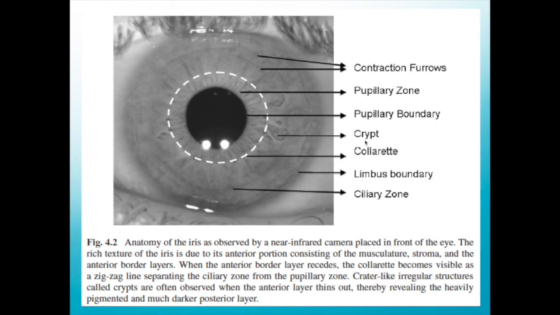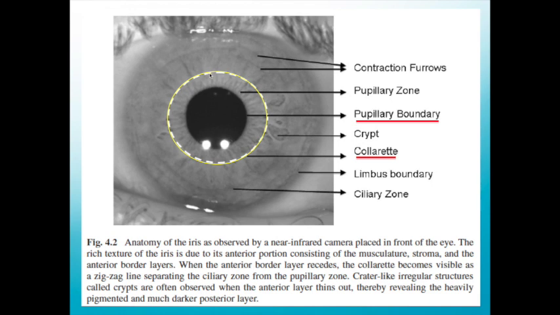Looking at the anatomy of the actual iris itself, there are several areas we want to look at. One area here is the pupillary boundary, just around the pupil zone itself. You can see there's a zigzag-like pattern right there, just beside the pupil. The collarette is this area here. It's not quite circular, as we'll see in the next slide. But between the pupil and the collarette, there is a zigzag-like structure, and that contains a pattern that is extremely rich in data.